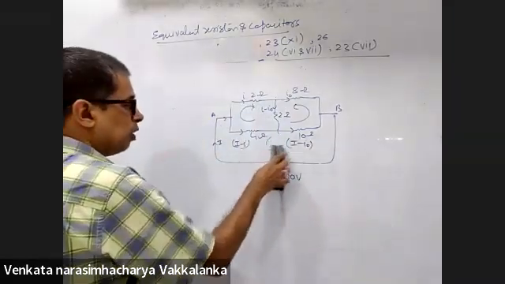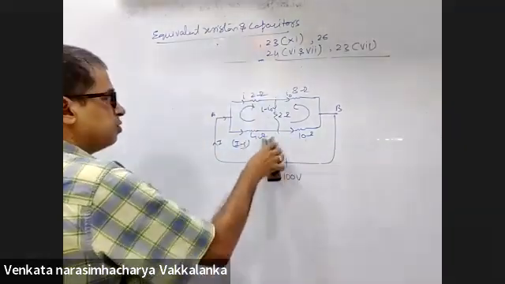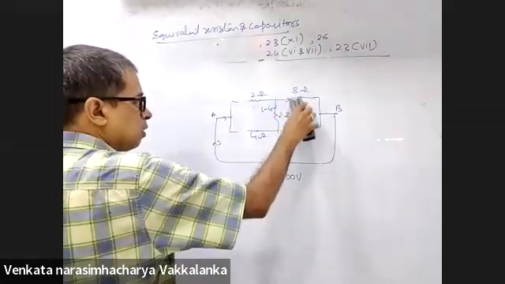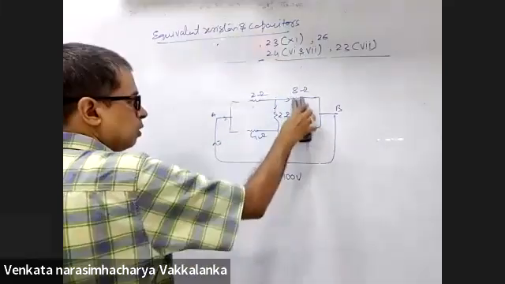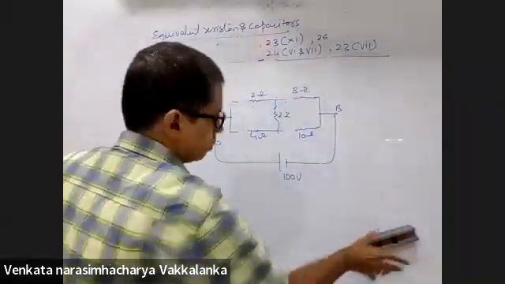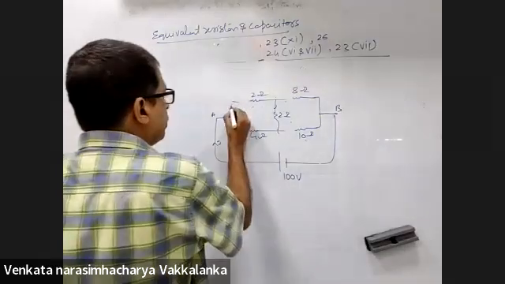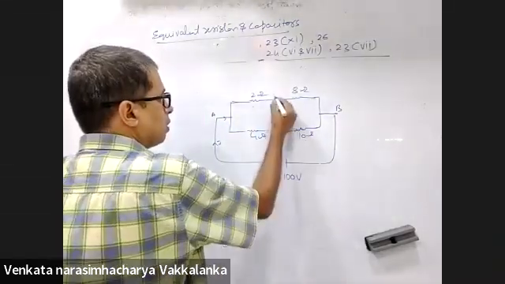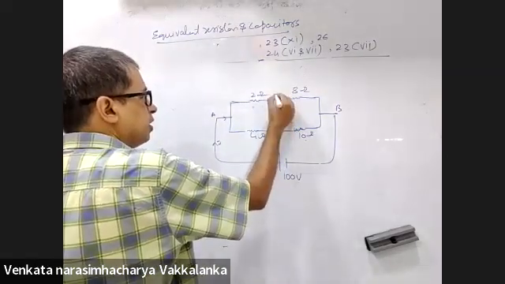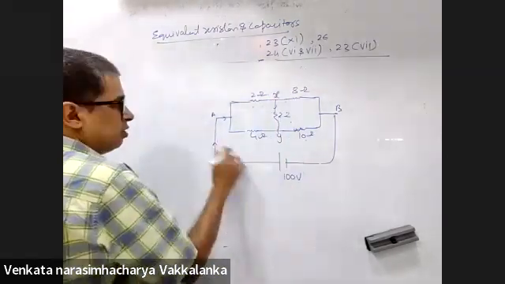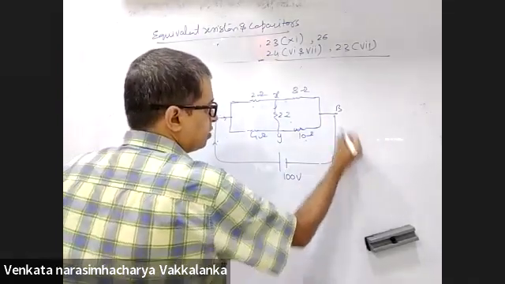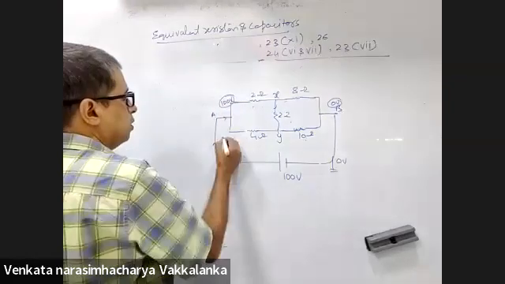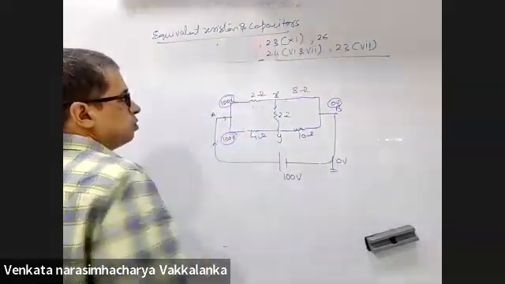Now suppose I solve this using nodal analysis. What you do here is, call this potential as X, call this potential as Y. This will be 0 volt, this will be 100 volts.